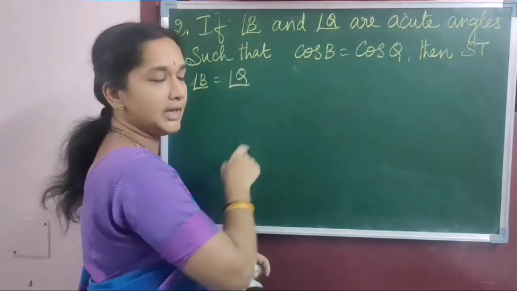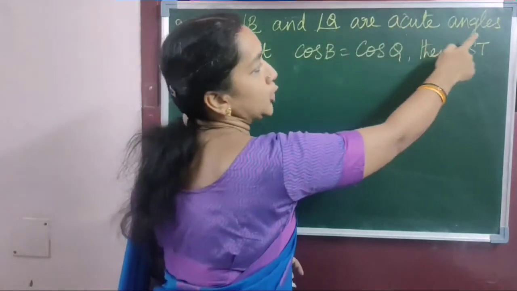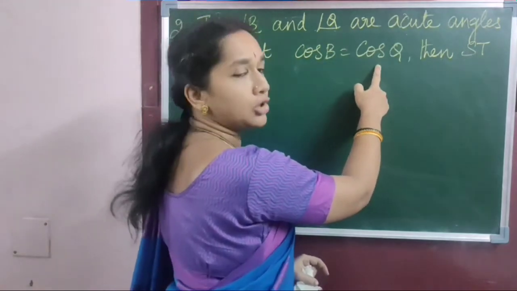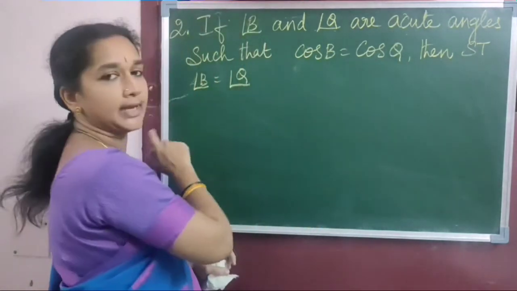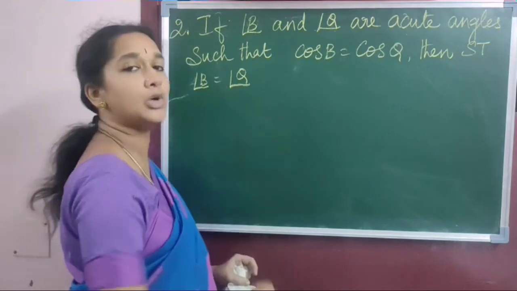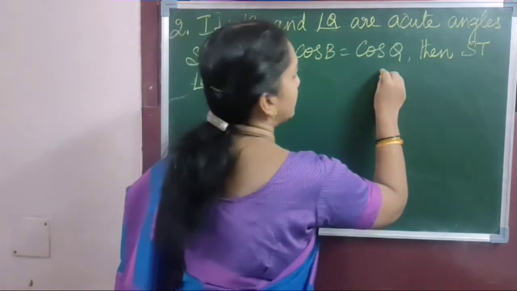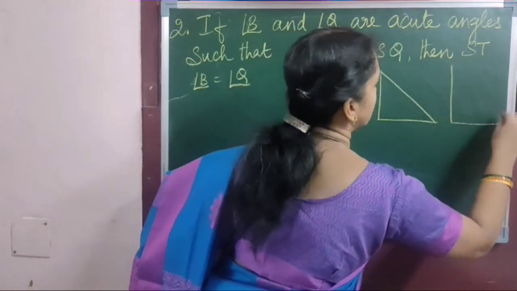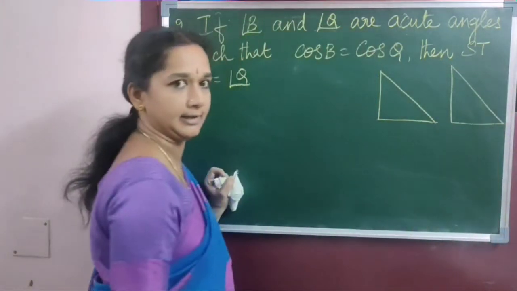If angle B and angle Q are acute angles such that cos B is equal to cos Q, then show that angle B is equal to angle Q. So for proving this, we will take two right angle triangles.